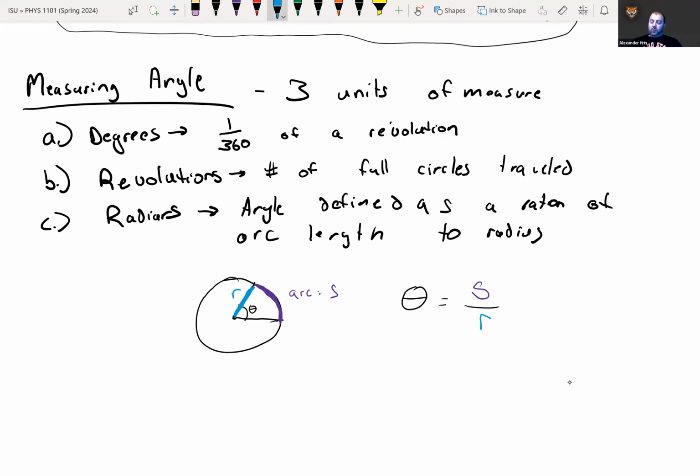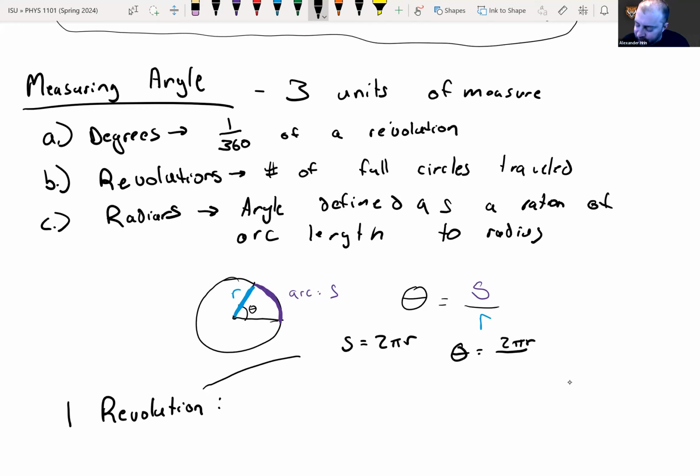Now, this has an implication for how you convert between these two. One revolution would correspond to an arc length of the entire circle. So at one revolution, theta is equal to S, which is 2 pi r, because that's the circumference of the circle. So theta would be 2 pi r over r.